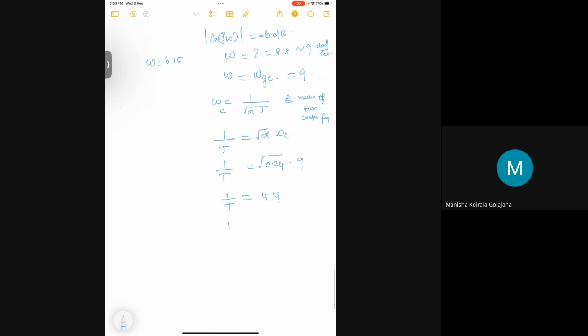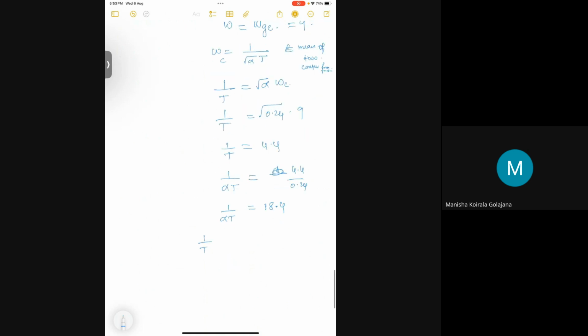Now you just find the 1 by alpha T to fill the transfer function. 1 by alpha T will be 4.4 divided by 0.24. This will give you around 18.4. Now we know all the information. 1 by T we know is 4.4, and 1 by alpha T we know is 18.4.